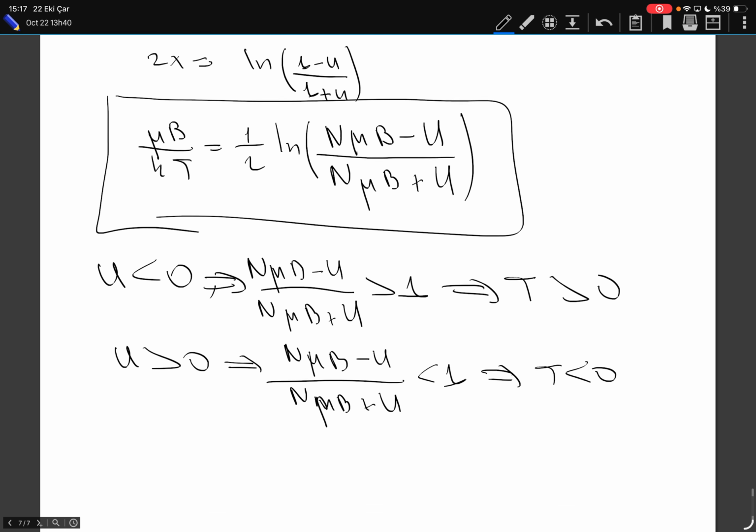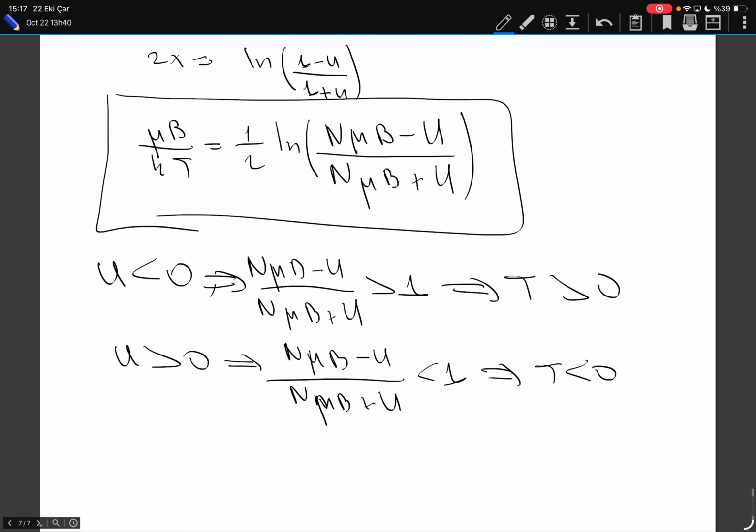Yes, in fact, in our earlier treatment, we said that as T goes to 0, we had found that u goes to minus N mu B. That is what we expected. That is the minimum energy configuration when all the magnetic dipoles are aligned with the magnetic field. And then we looked at when T goes to infinity, the energy went to 0.